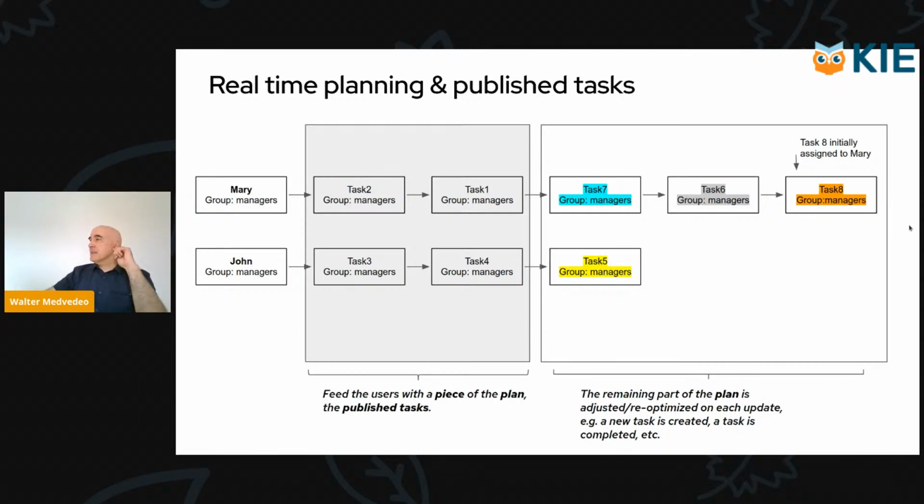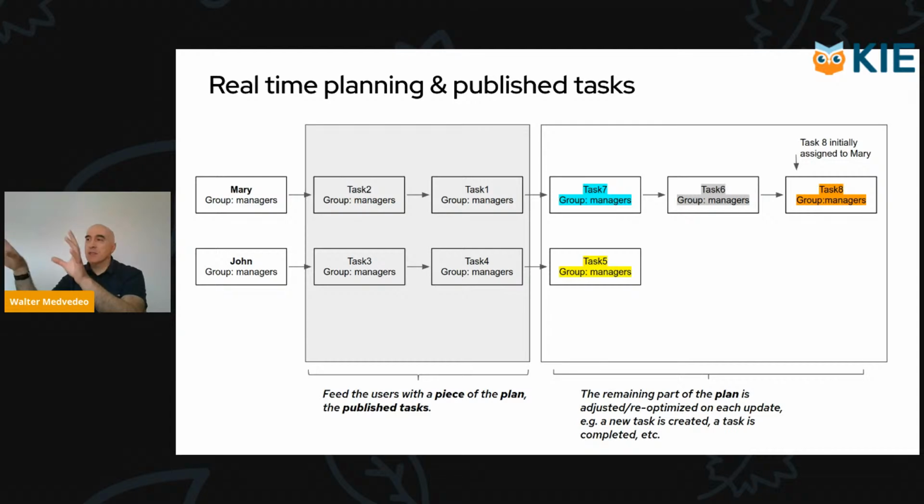And we have some tasks that are still in the ready status, which means that these tasks are not yet formally assigned. OptaPlanner at this point knows exactly to which user we should assign this task in an optimal way according to the status that we have at this moment in OptaPlanner. But we still haven't produced the formal assignment.